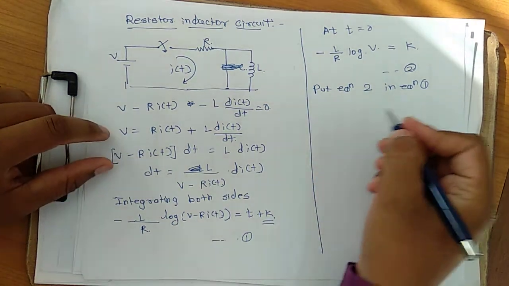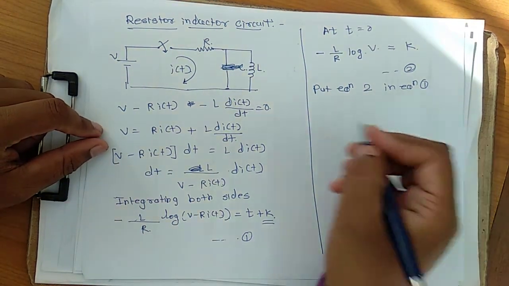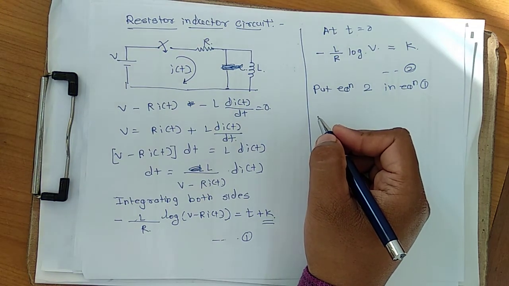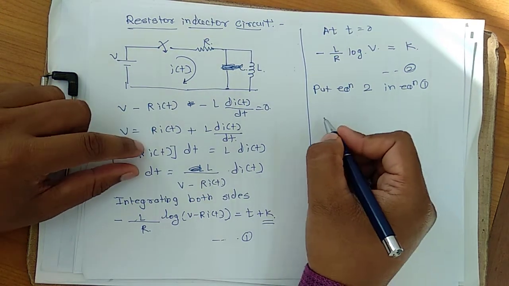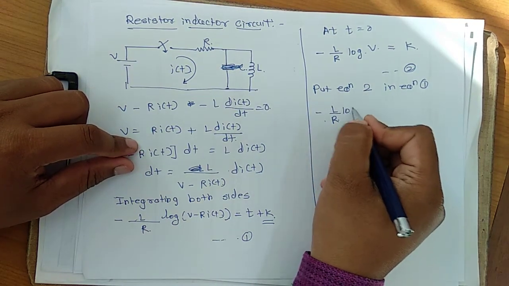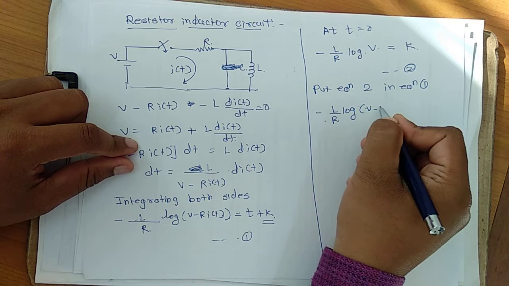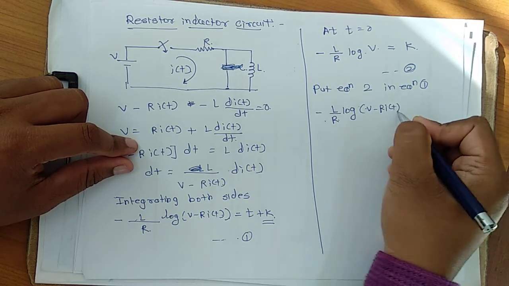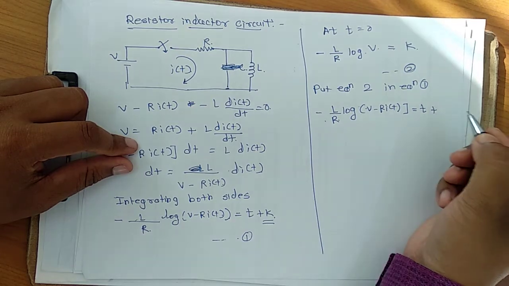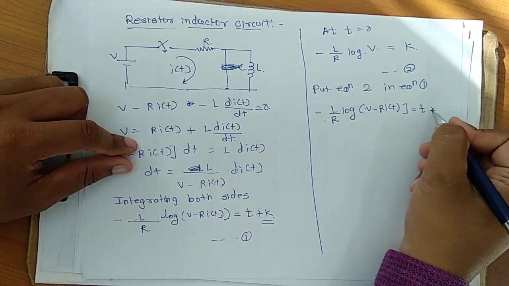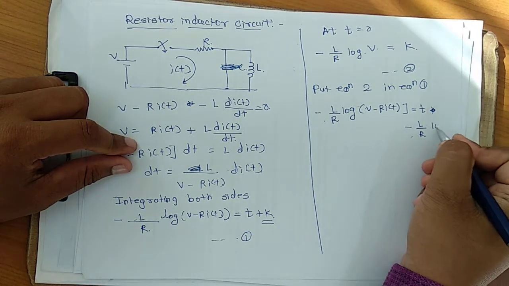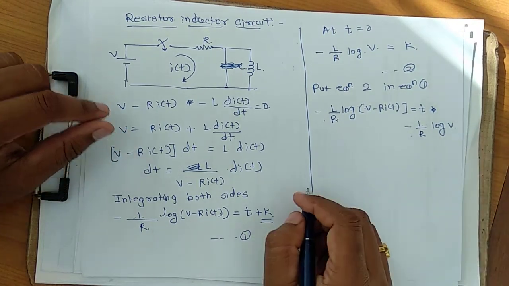So if we put equation 2 into equation 1, then it is minus L by R log of V minus R I of t is equal to t plus the value of k, that is t minus L by R log of V, because this minus sign is there.